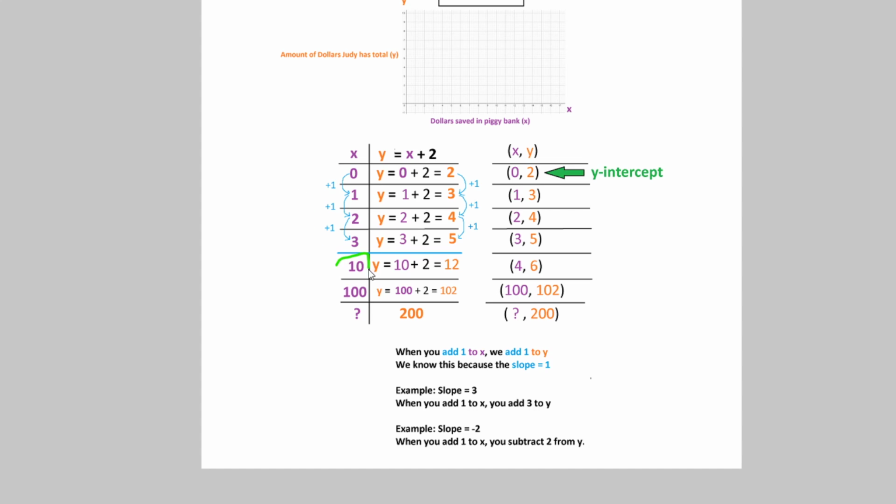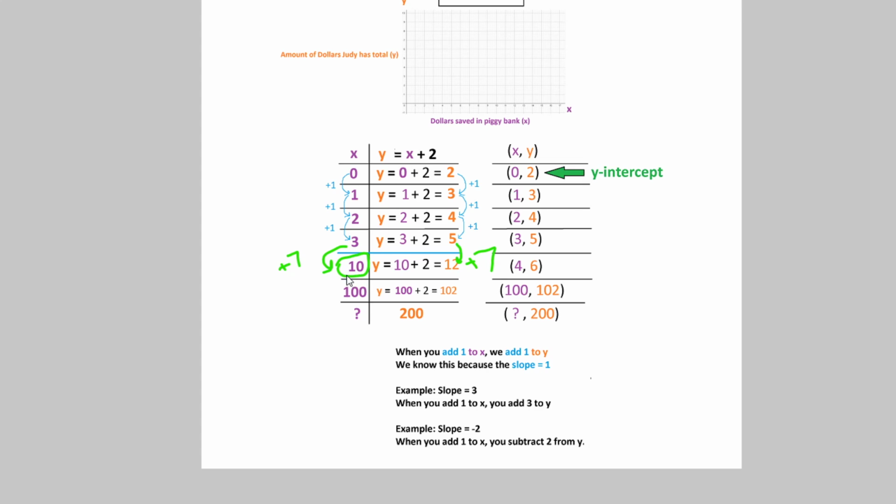What if it skips around a little bit, or doesn't count by ones? Then we need to be careful, because now it's not going to be plus 1 here. We did plus 7 here. We said for every time we add 1 to x, we add 1 to y. So that means we're also going to add plus 7 over here, from 5 to 12.